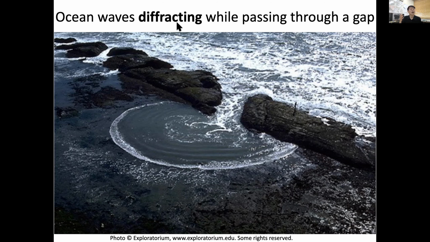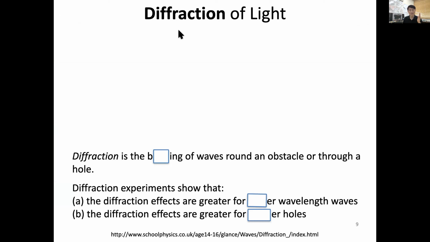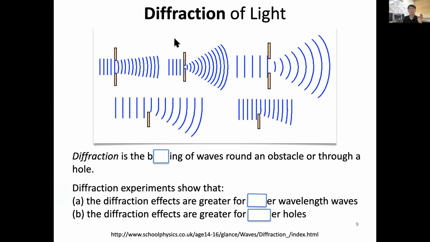And here I'm not talking about light. This is a water wave. However, the same phenomenon applies to light waves when the light moves and hits an obstacle. But now I'm talking about very tiny openings, comparable to the wavelength of the light.